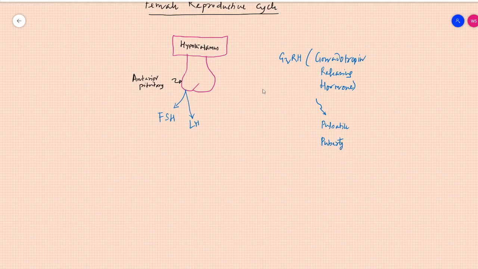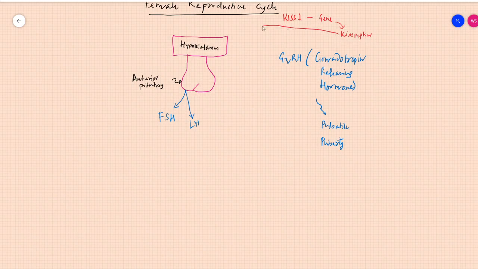So the question is, why does it begin at puberty? Recent evidence has shown that there is a gene, the KISS1 gene, and it produces a protein called kisspeptin.